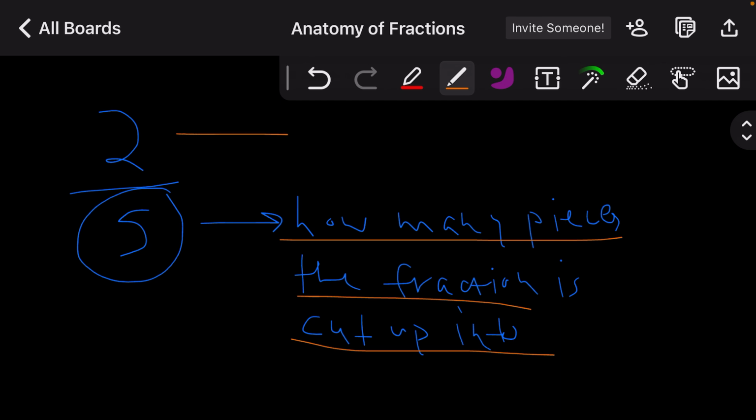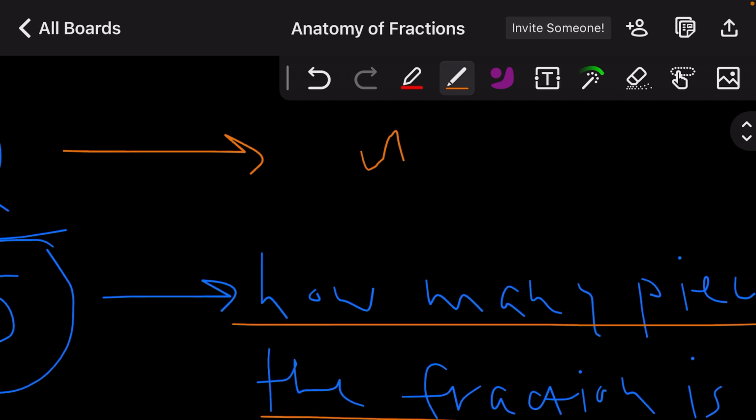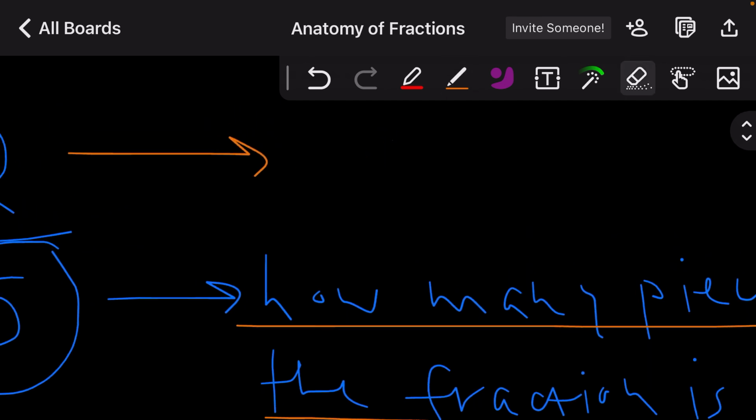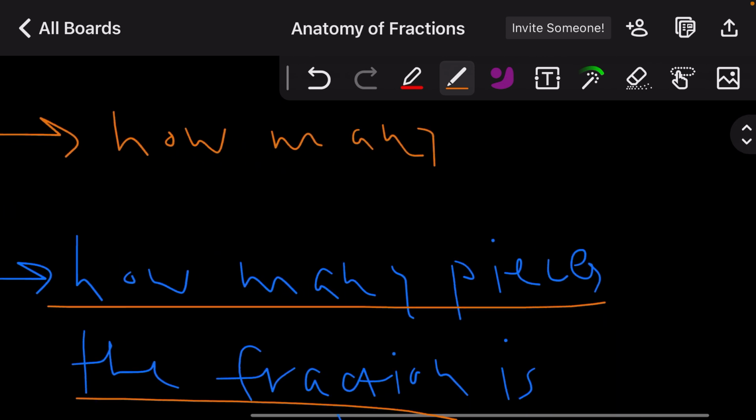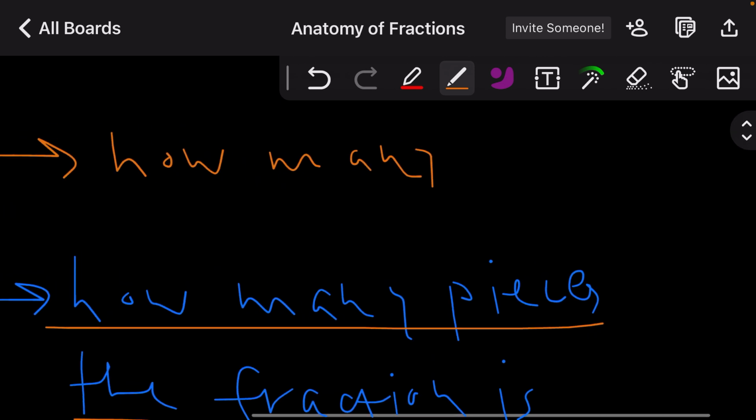The number on top is just how many we care about. And again, don't worry about the name, but it's important. The name is neither here nor there. What's important is understanding what the number on top does and what it means, and what the number on the bottom of the fraction does and what that means.